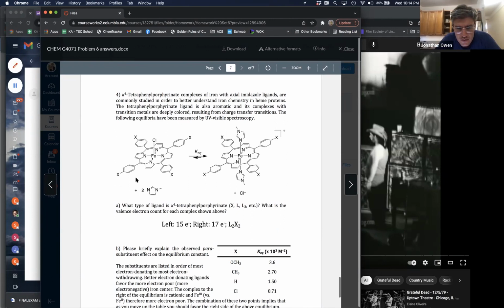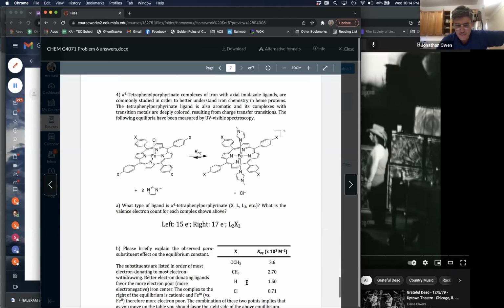In this particular case, this is some research paper from days gone by, where the X substituents out here on the ring are easily modified. Easily is maybe not fair to the people who did the work, but you can change X from methoxy to methyl to hydrogen to chlorine. And now you've got to be asking yourself, what is that going to do to the character of the metal complex?